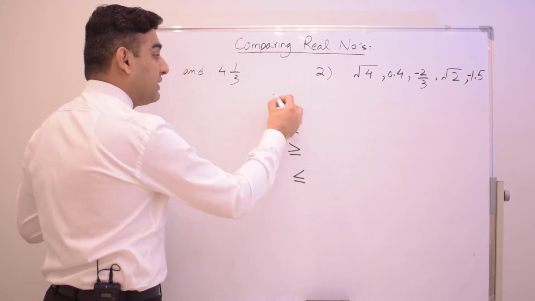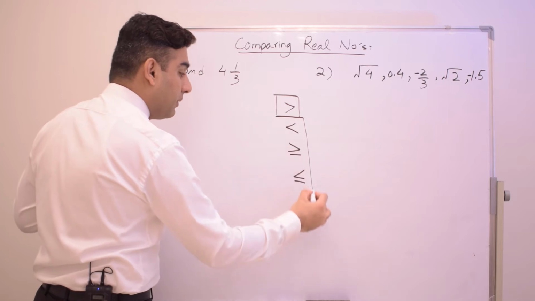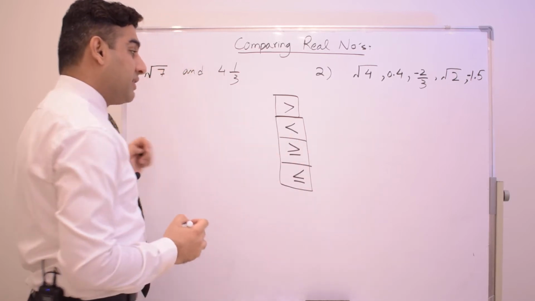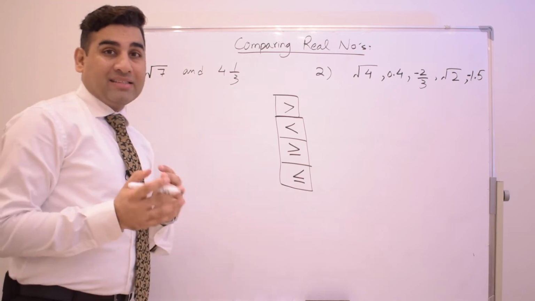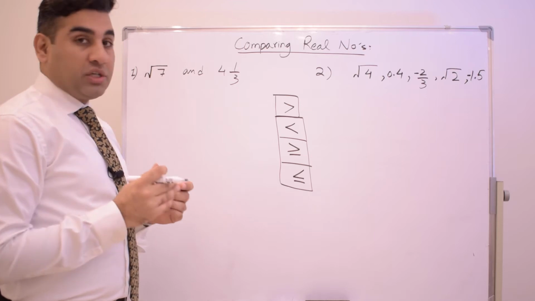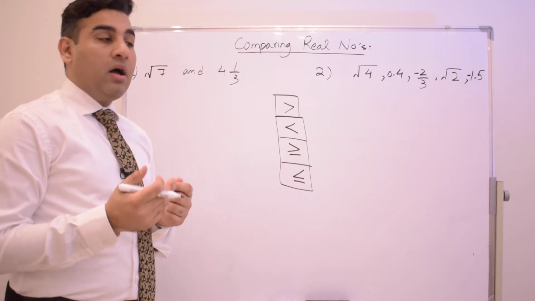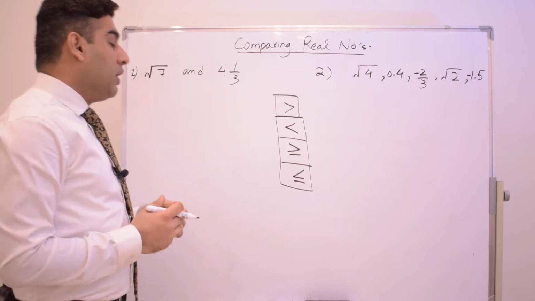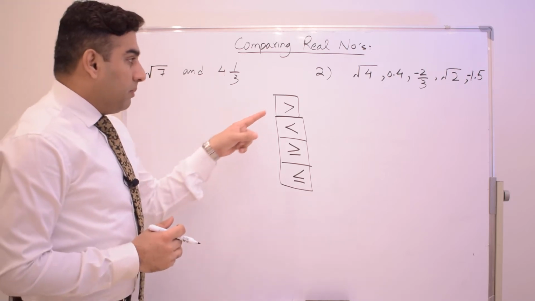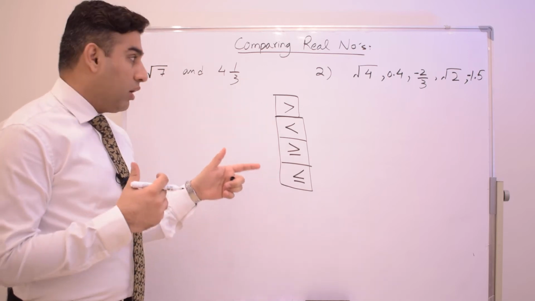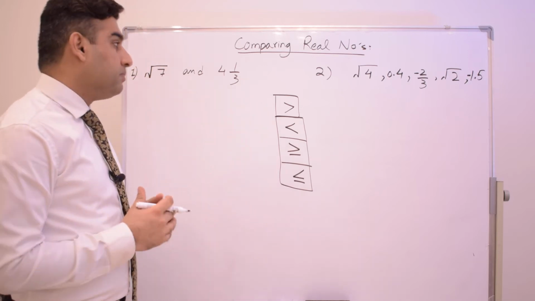Okay guys, these are the inequality symbols. An inequality is a mathematical sentence which gives you an understanding of which number is bigger or smaller. Dear students, you have to understand how these symbols work.